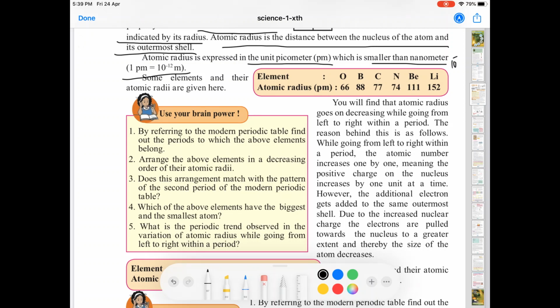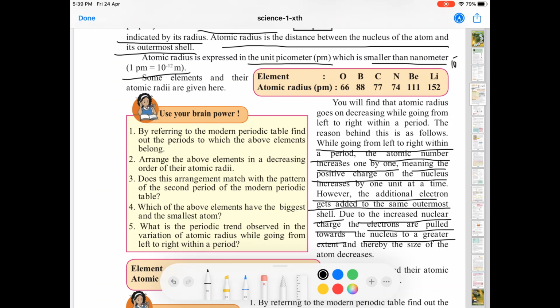Then you have to write, while going from left to right within a period, the atomic number increases one by one, meaning the positive charge on the nucleus also increases one by one at a time. However, the additional electron gets added to the same outermost shell. So, due to the increased nuclear charge, the electrons are pulled towards the nucleus to a greater extent, and thereby the size of the atom decreases.